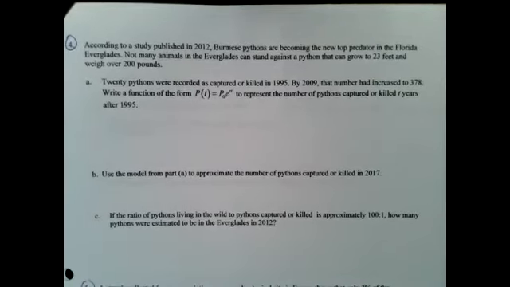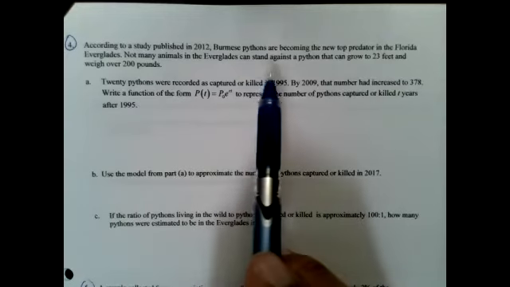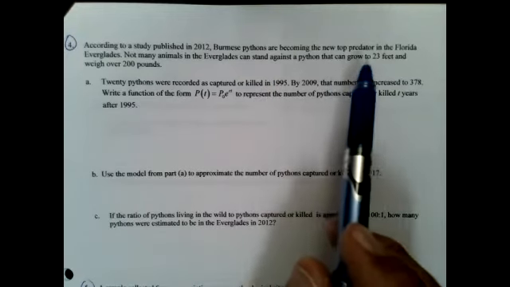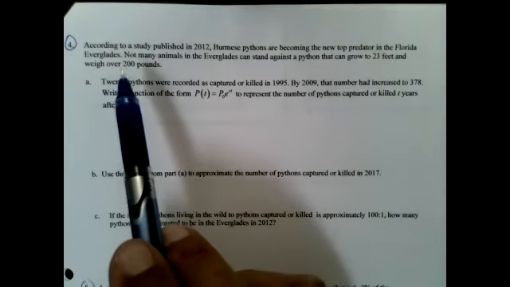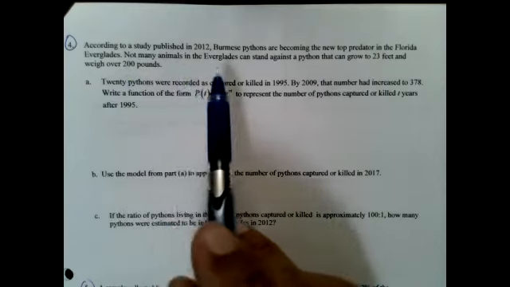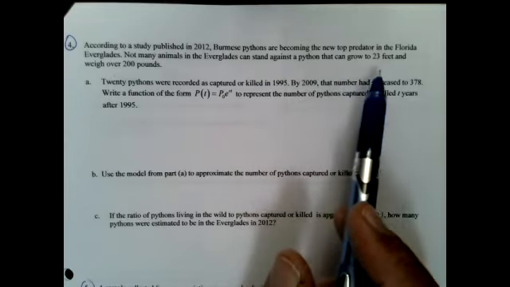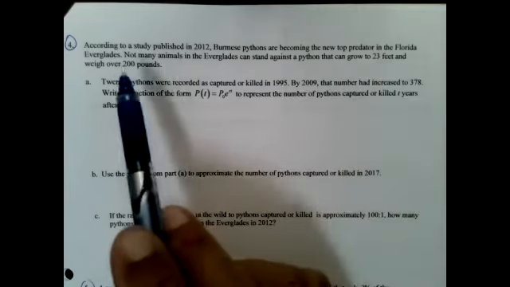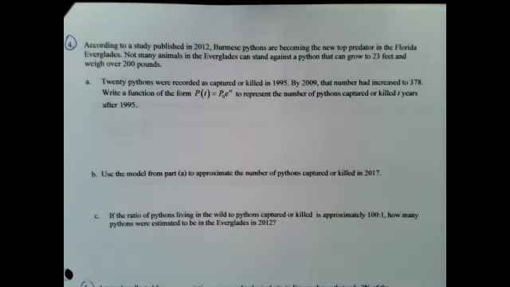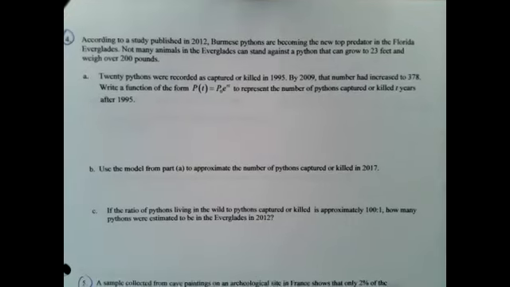According to a study published in 2012, Burmese pythons are becoming the new top predator in Florida. Not many animals in the Everglades can stand against a python that can grow 23 feet long and weigh over 200 pounds. That's a nice, interesting paragraph, but I think that's really not much information for us.